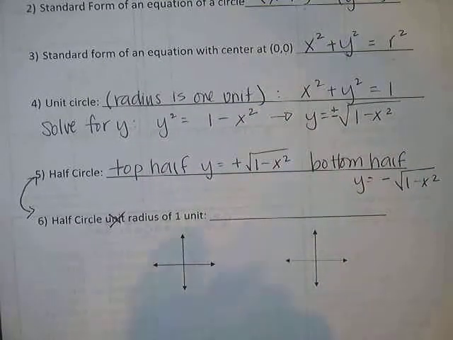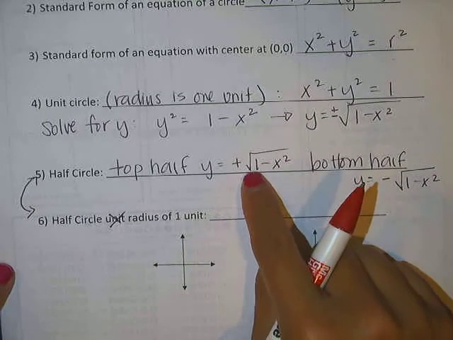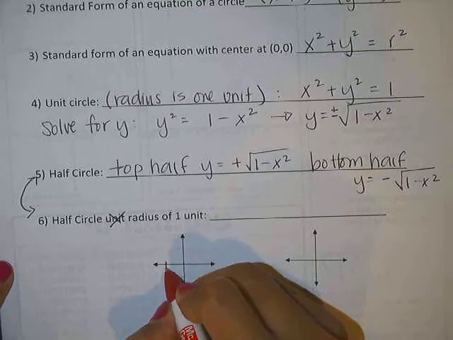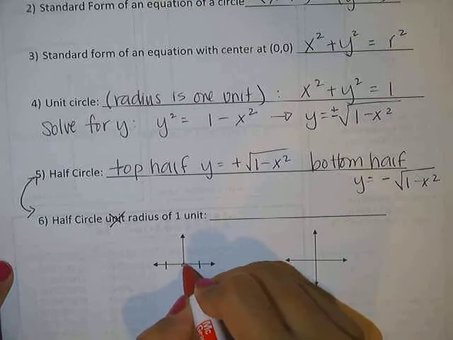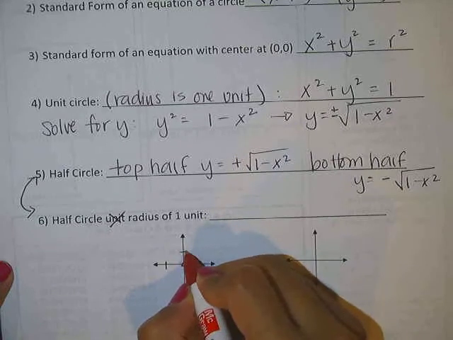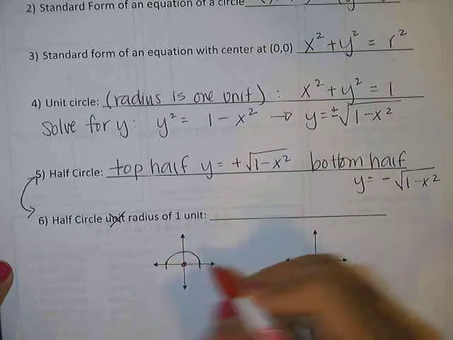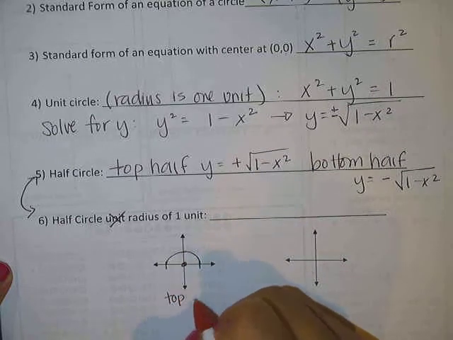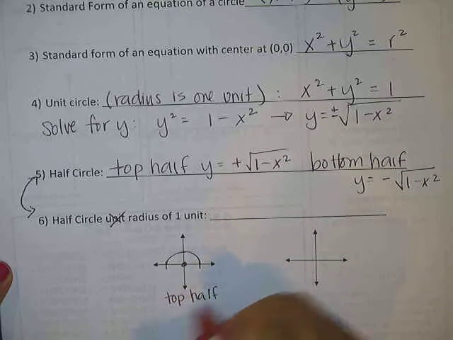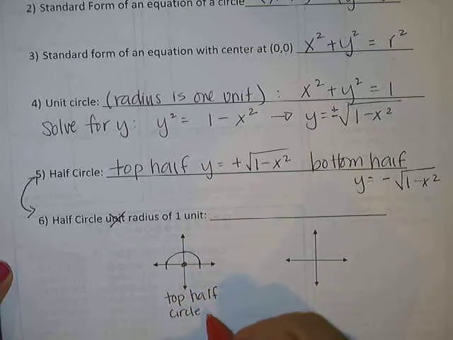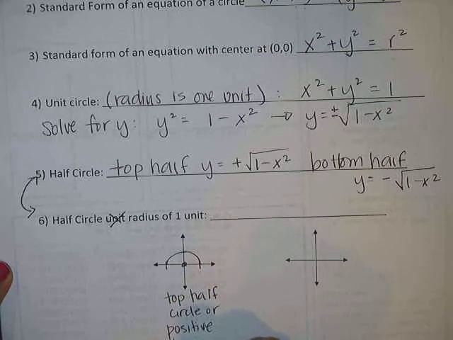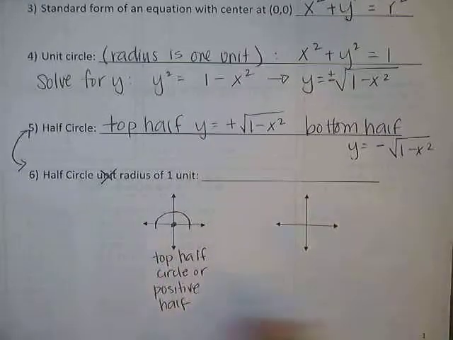Okay, so how do I graph that out? Well, the radius is 1 unit, so I'm just going to go 1 unit here, 1 unit here. The center is at 0, 0. One unit above, so this is going to be the top half circle, or positive half.